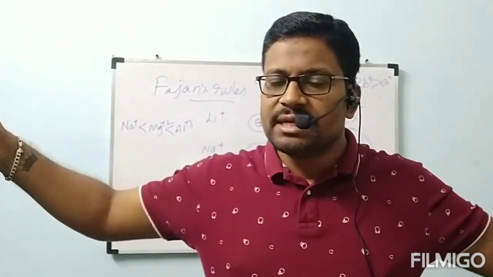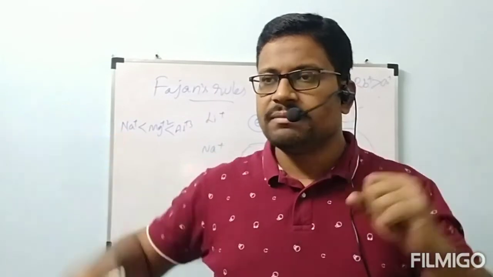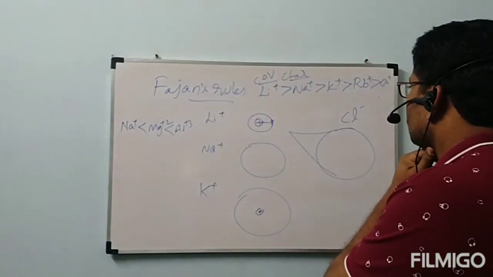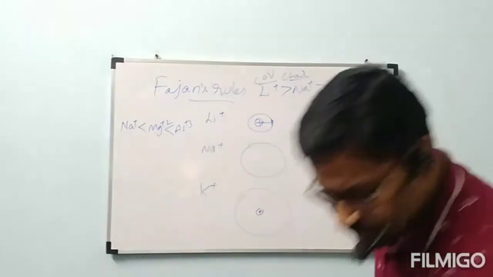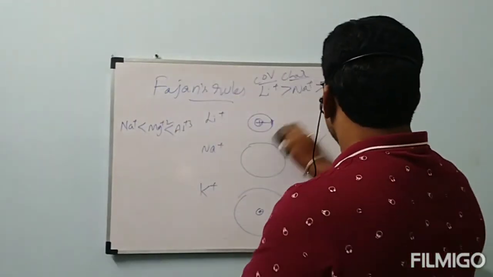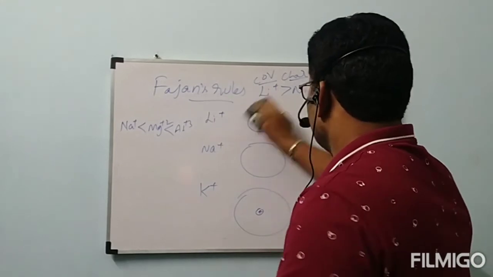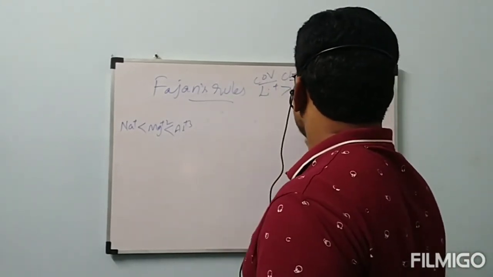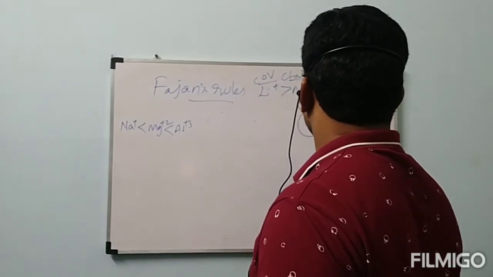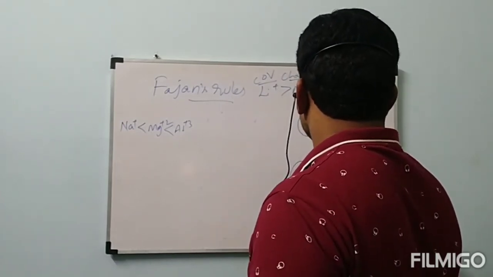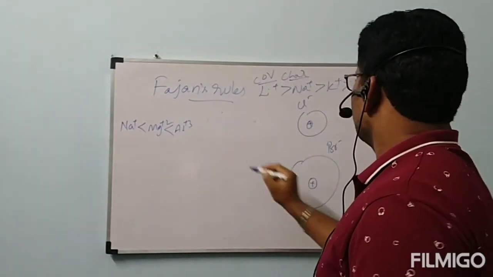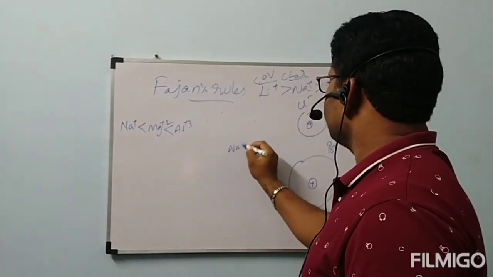This is Cl- and this is Br-. And here I kept Na+.